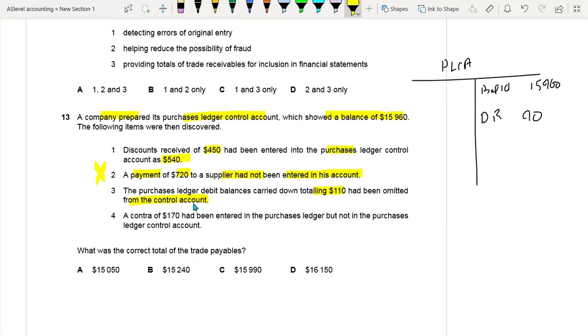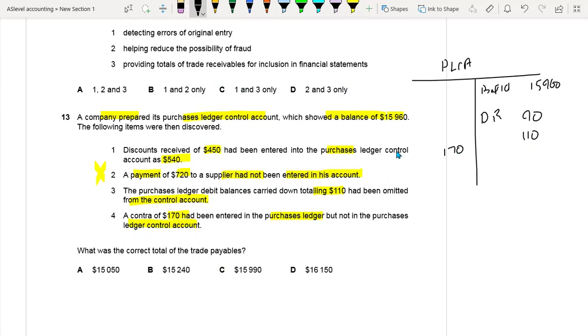So we will write here the omitted debit balance, and we have increased the PLCA. A contra of 170 had been entered in the purchase ledger but not in the purchase ledger control account. We know that the contra entry always comes on the debit side because it is decreasing our PLCA. So we have to write the contra entry here, 170.